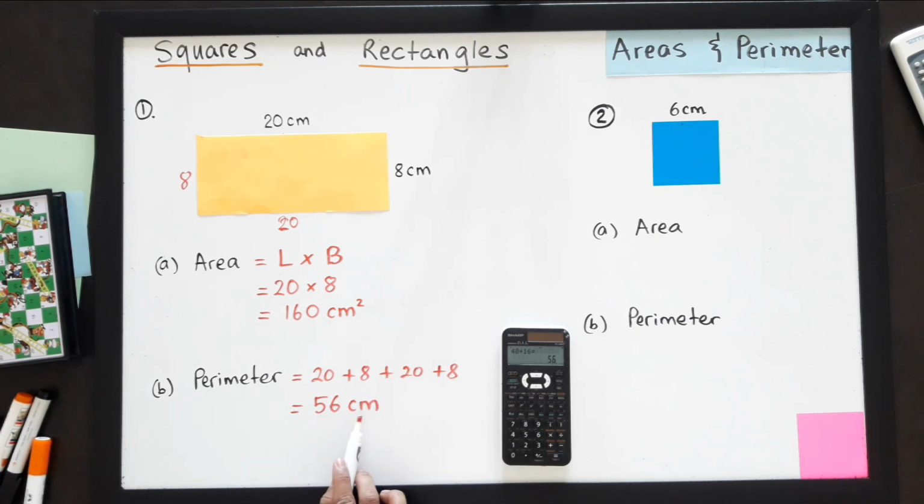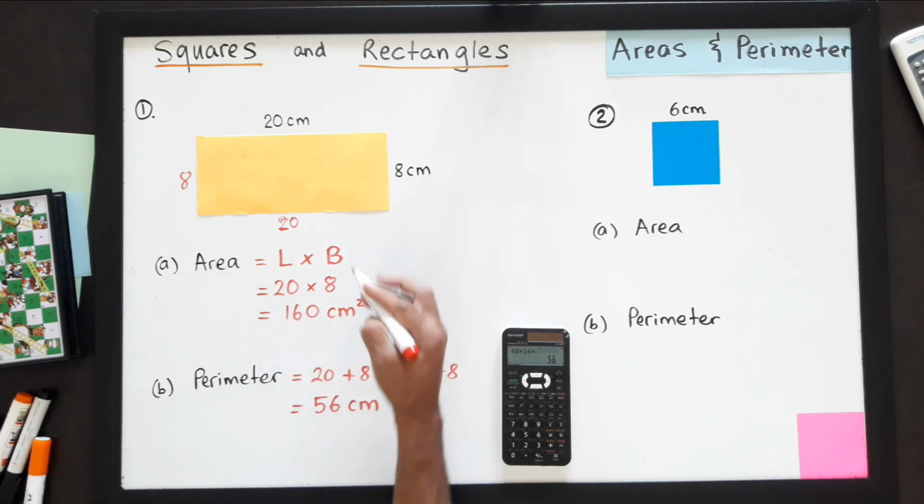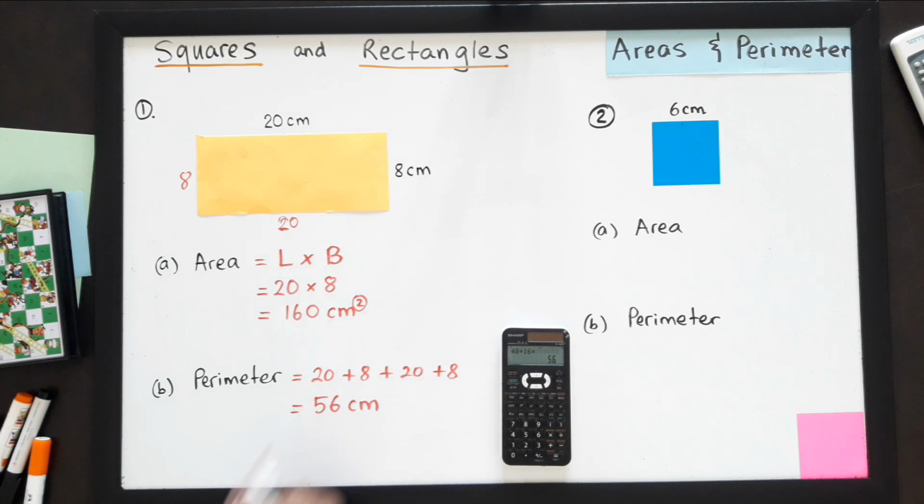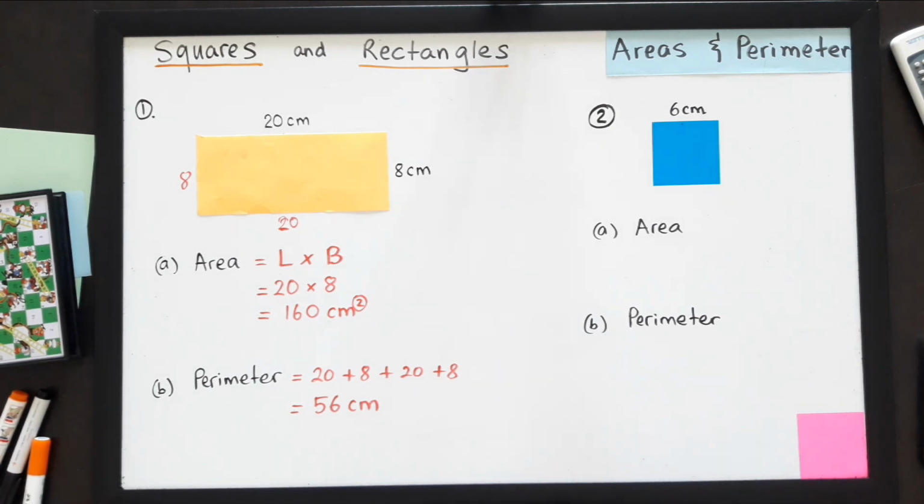Now you notice the unit for perimeter is centimeters, not centimeters squared. The area is the one with the squared. Alright, so a very simple question. I'm sure a lot of you probably skipped this part because it was so easy, but I still want to do it as a refresher.